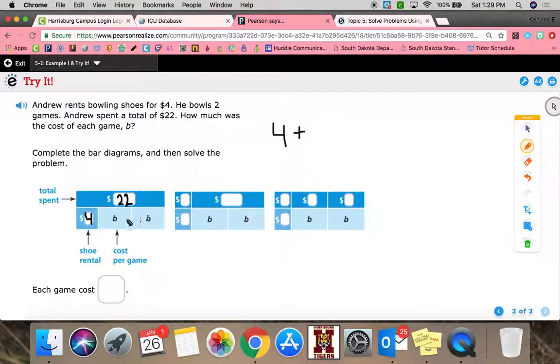One game is B, another game is B, so we played 2 B games. And the shoes and the games, when we were done, we had spent $22. I know this looks like a 6. Maybe it looks more like a B now.